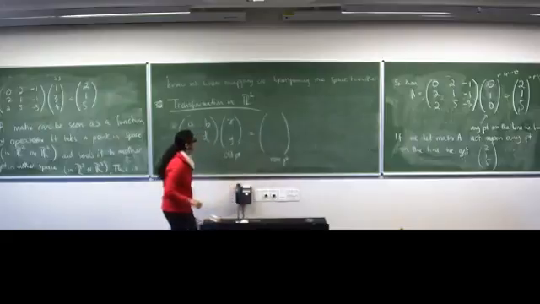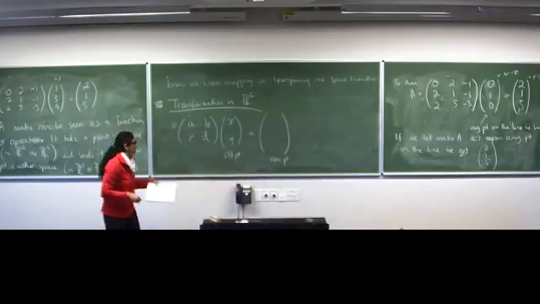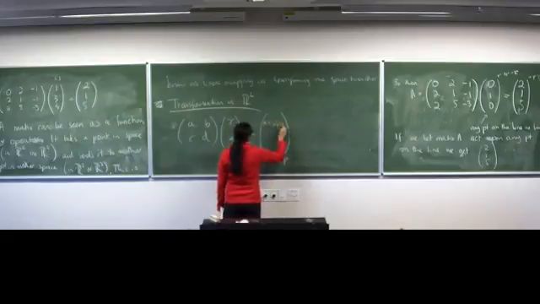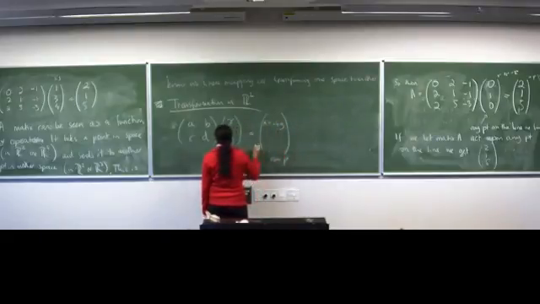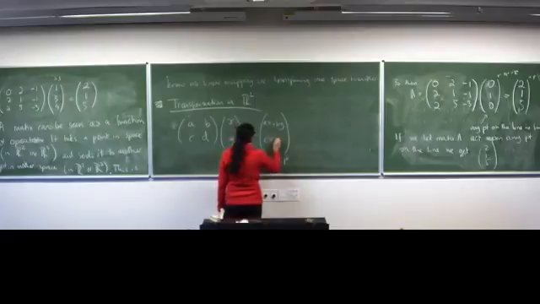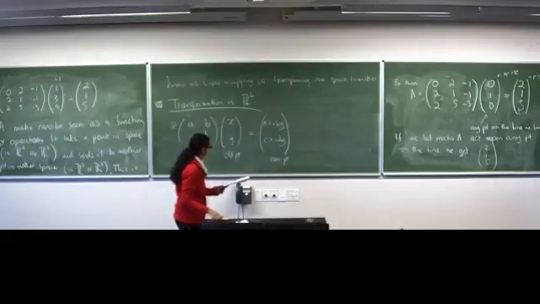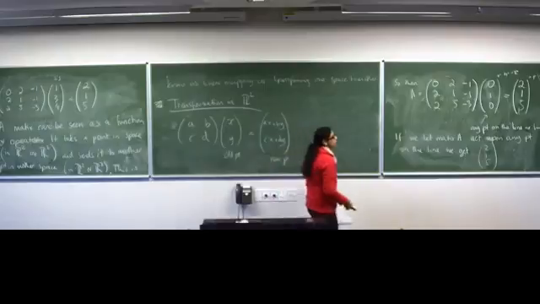So that's the easy stuff we're doing. So it's AX plus BY would be your new X coordinate, and CX plus DY would be your new Y coordinate.